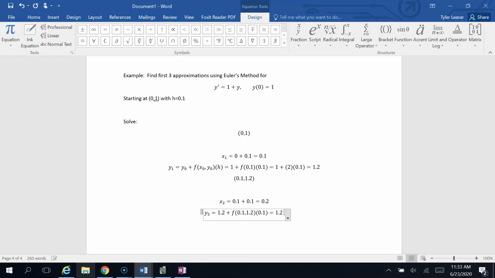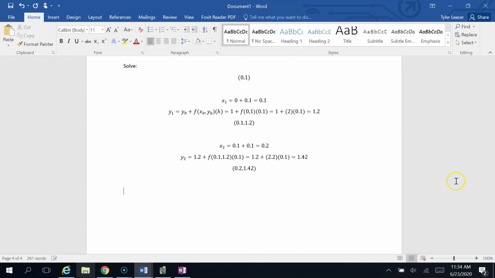Plugging this into the differential equation, 0.1 again is not going to do anything because there's no x values. It's just going to be 1 plus that 1.2. So 2.2 times the step size, 0.1. So just type that in the calculator. I got 1.42 coming out of that.